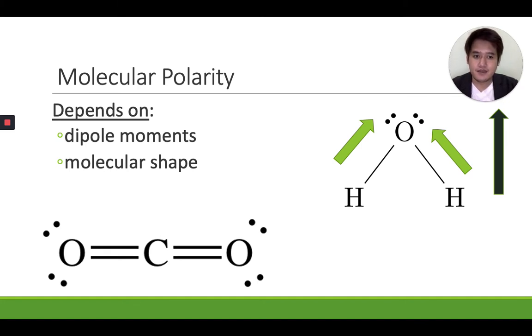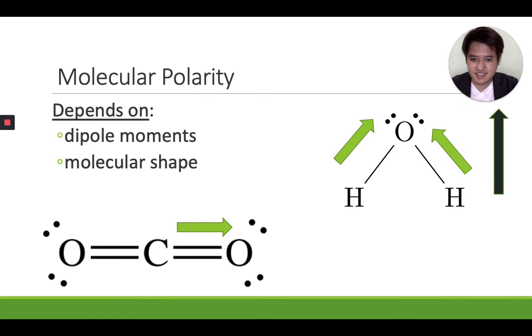Now, it's not all the time that if you have a polar bond you will end up with a polar molecule. Again, the molecular shape has something to do with molecular polarity. Take for example carbon dioxide. If you look at the bond between carbon and oxygen, oxygen is hungrier for electrons than carbon, so there is a dipole moment going towards oxygen.